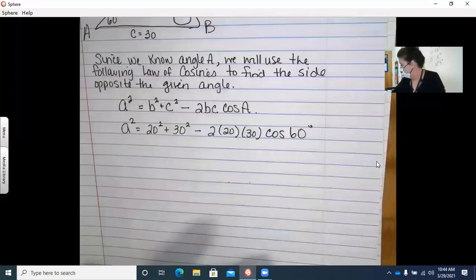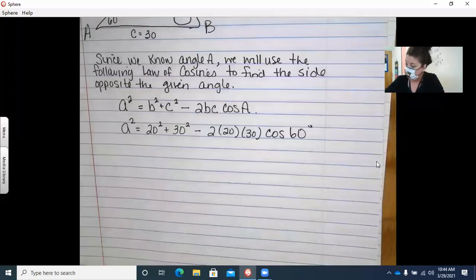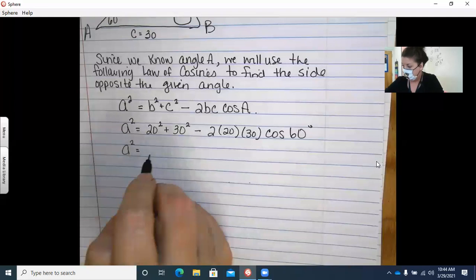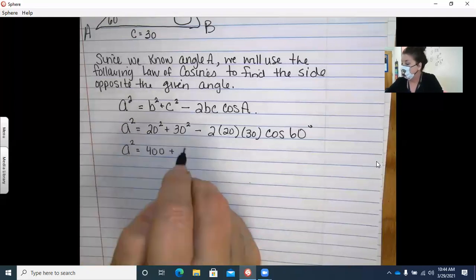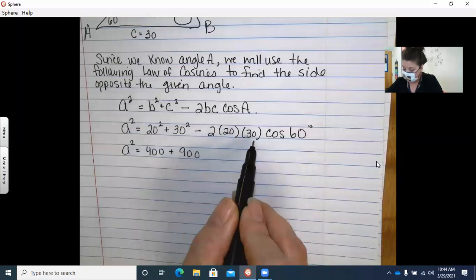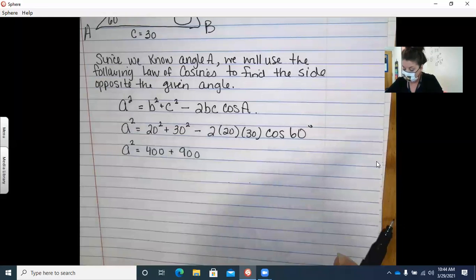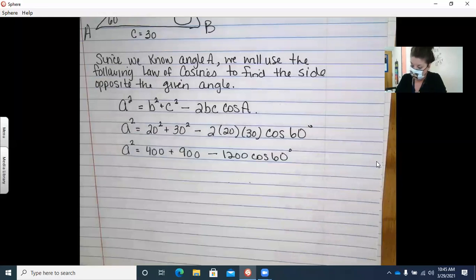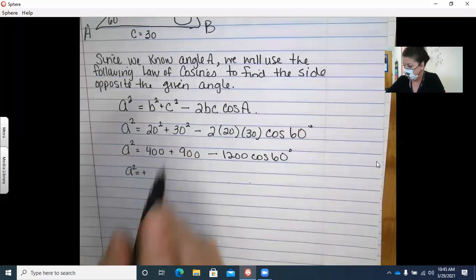So that's a lot of math, but we have a calculator. a squared equals 20 squared is 400 plus 900. Now me personally, I'm going to do negative 2 times 20 times 30 first, and then multiply times the cosine of 60. So negative 2 times 20 is negative 40 times 30 is negative 1200 times the cosine of 60 degrees. Double check my math, 2 times 20 times 30, yeah. So then I have 400 plus 900 is 1,300.